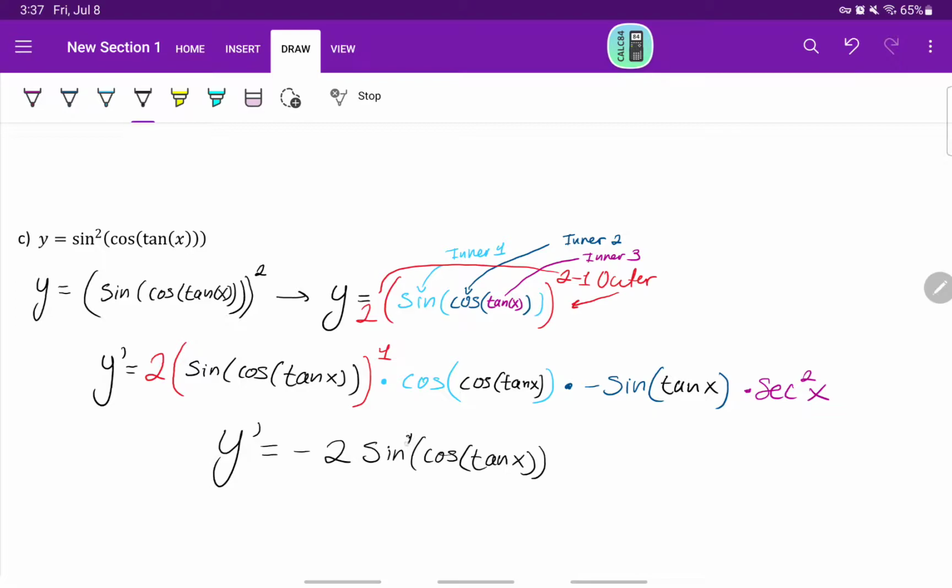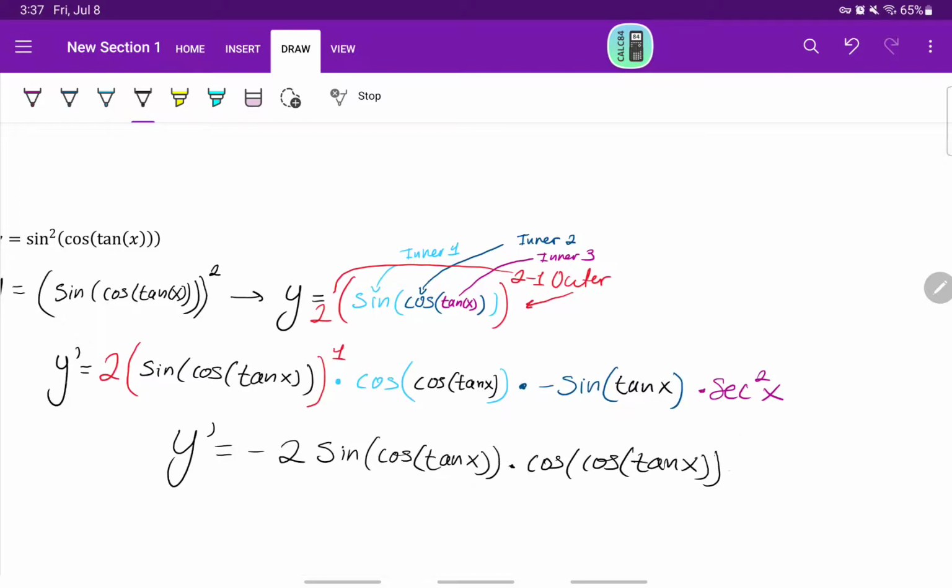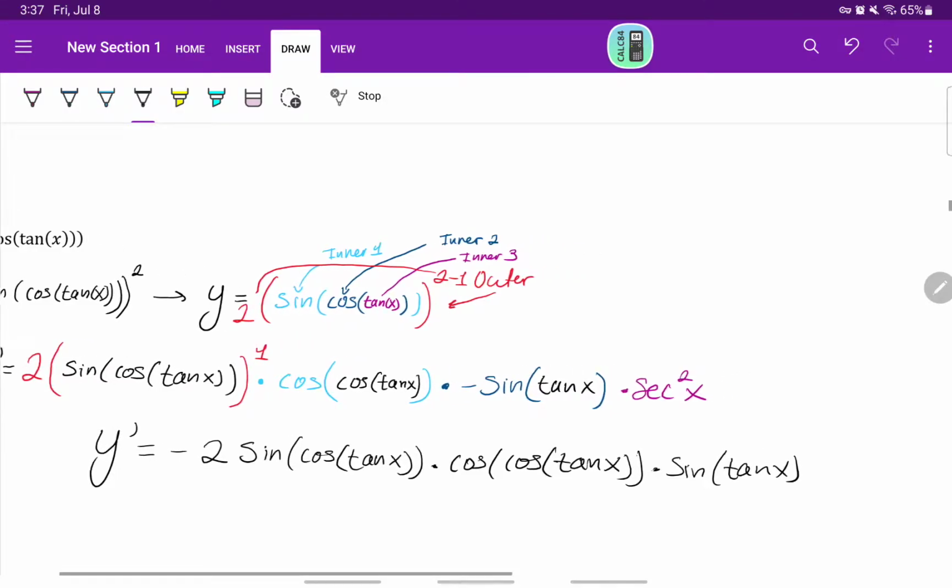Or I can write the 1 over here if I want to, but I'm not going to do that. Times cosine of tangent of x times sine of tangent of x times secant squared of x.